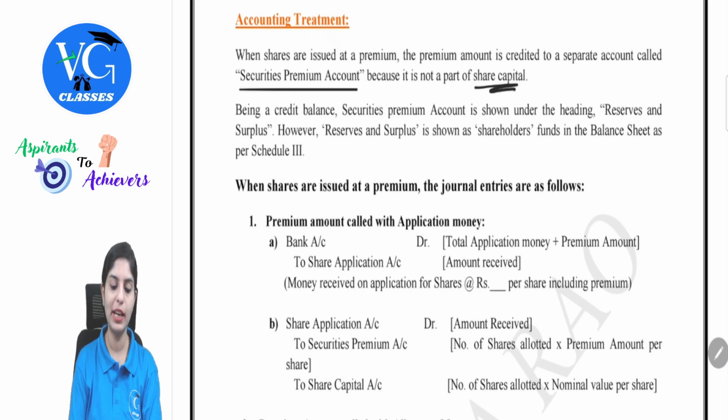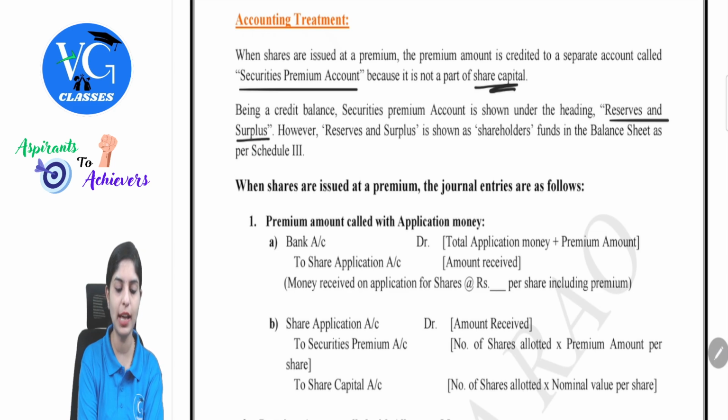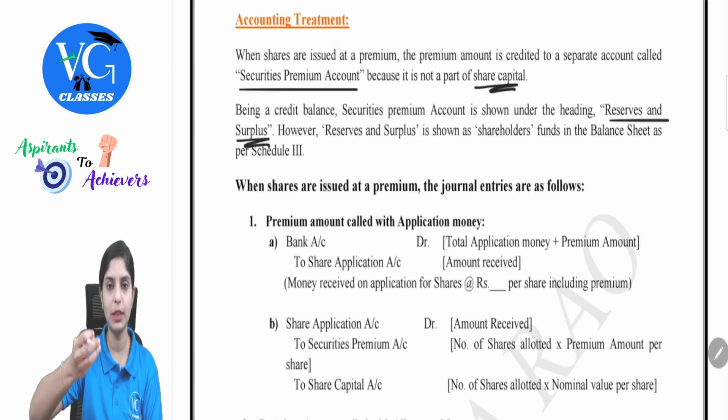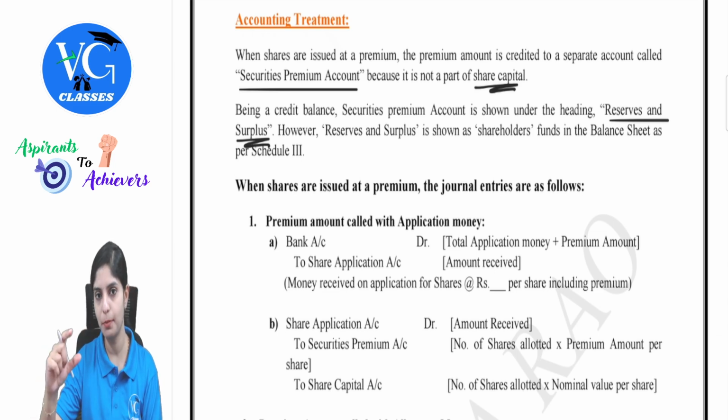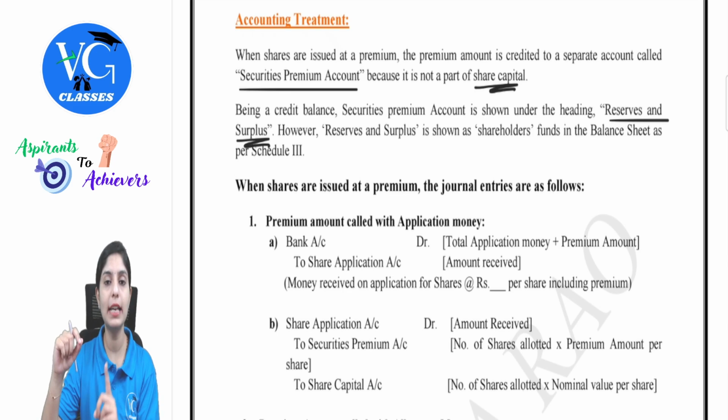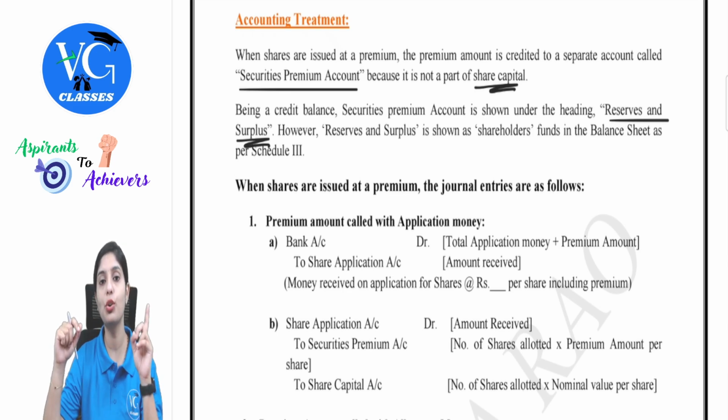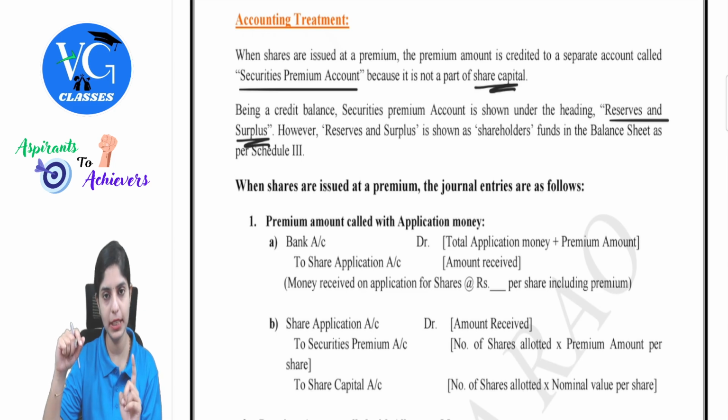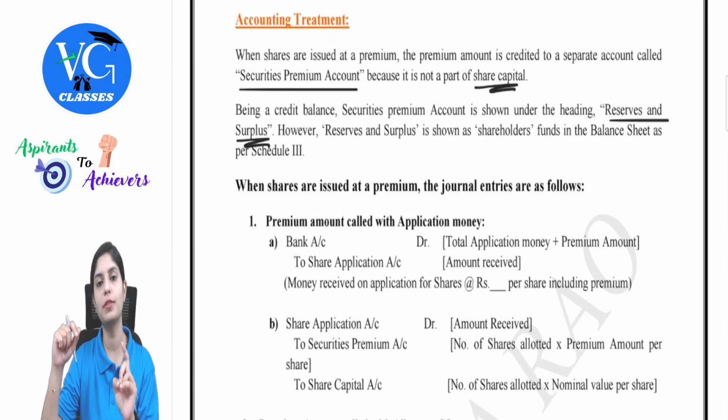Next, this will have a credit balance. So the securities premium account will be shown under the heading reserves and surplus. This is as good as your reserve. You have received something extra. We will utilize it for a very specific purpose. The purpose of utilizing the balance in securities premium is also mentioned in the Companies Act. So we will make use of such balance only for those purposes.